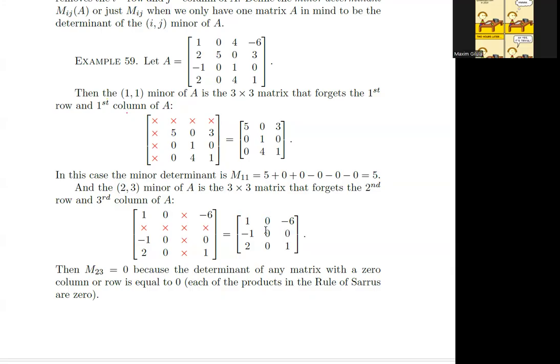And whenever you have a 0 column, the determinant will end up being 0. Algebraically you could think about it, use the rule of Sarrus. Every single product has a 0 in it, so it's 0. Or you could think about it as a system of equations. It's a system with three unknowns and 3 equations, but y doesn't appear anywhere in the equations.